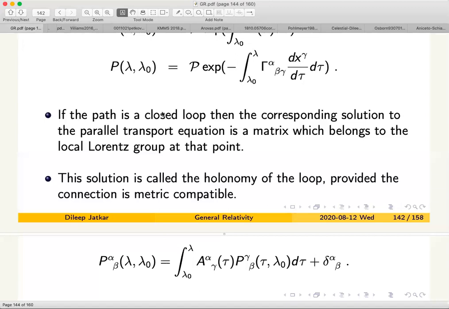You parallel transport and bring it back, then it may happen that the matrix that is required is not the full Lorentz group matrix, but something which is smaller than that. Such a thing could happen.